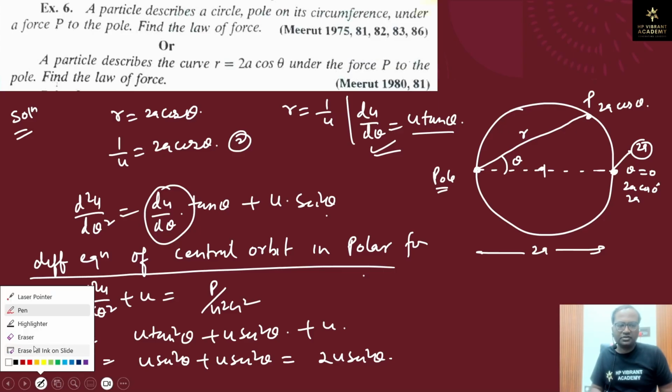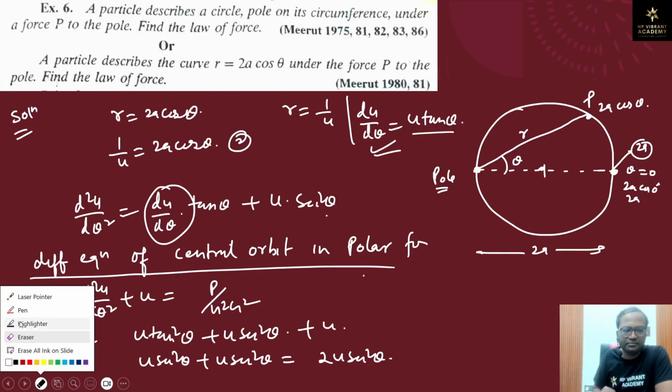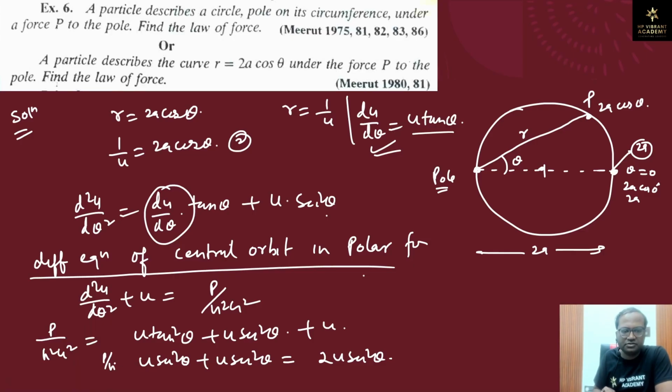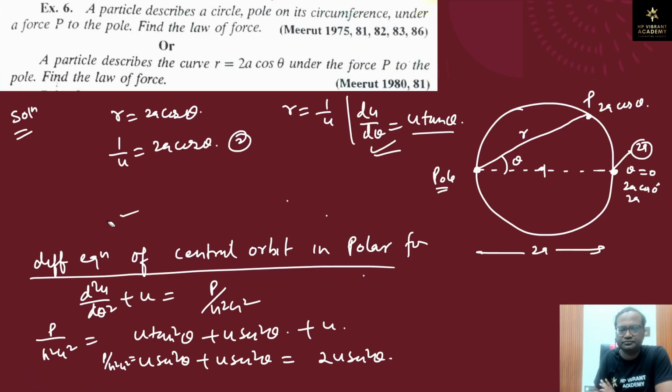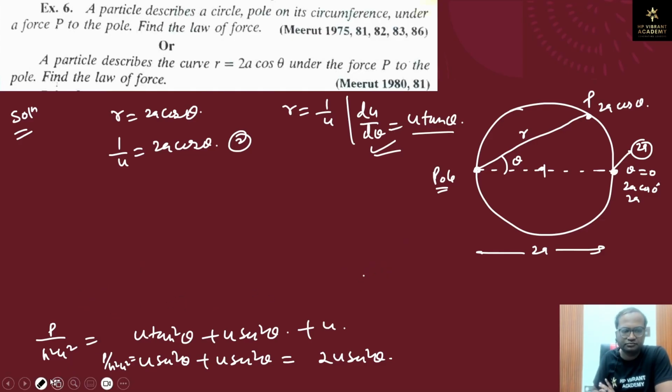Okay, let us further simplify this. So we have P upon h square u square is equal to 2u sec square theta.